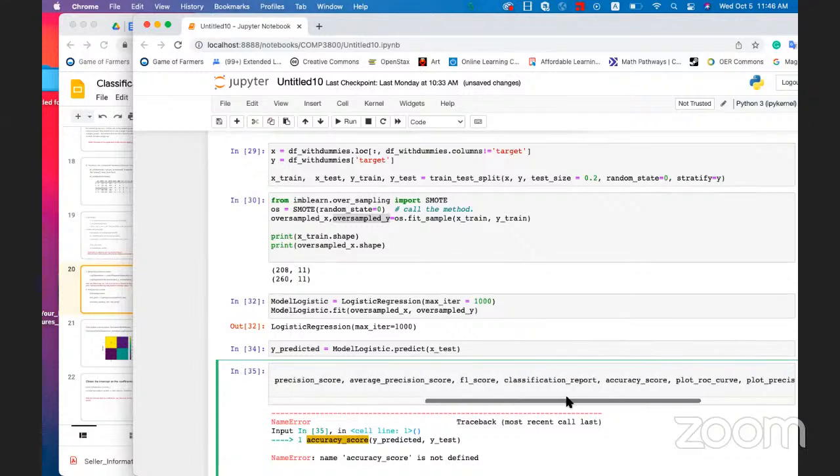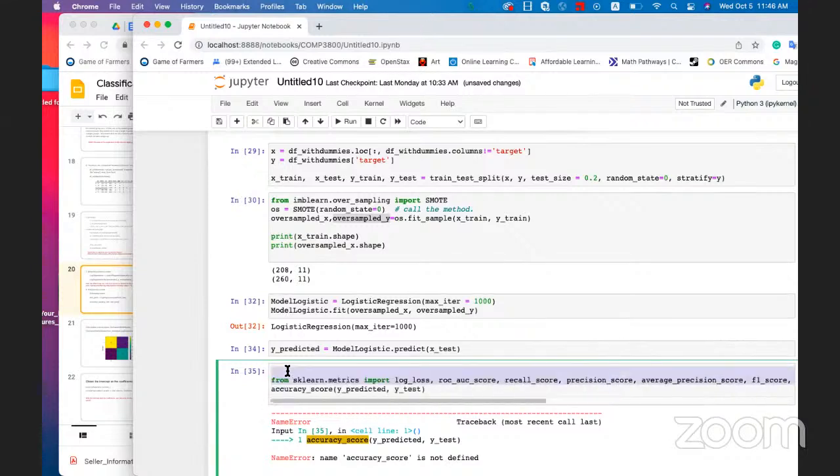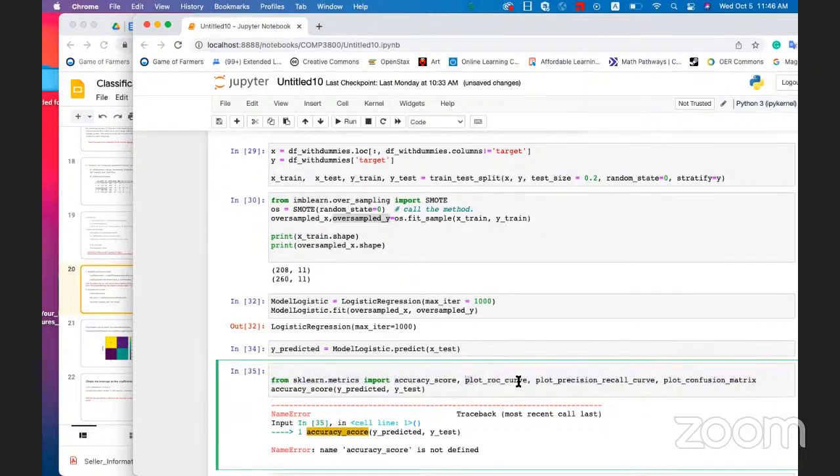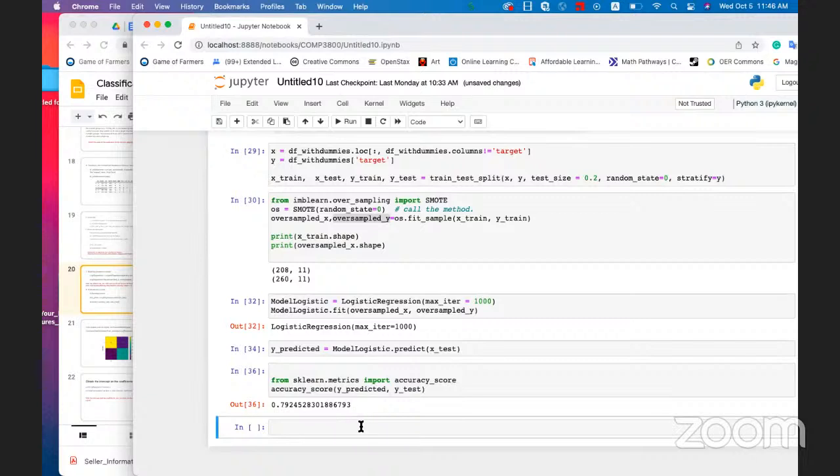So here you have to import this accuracy score. Give us the accuracy score. Okay, 0.79. Not too bad. So 0.9, of course, if it's over 0.9, it will be perfect, but 0.8 is not too bad.